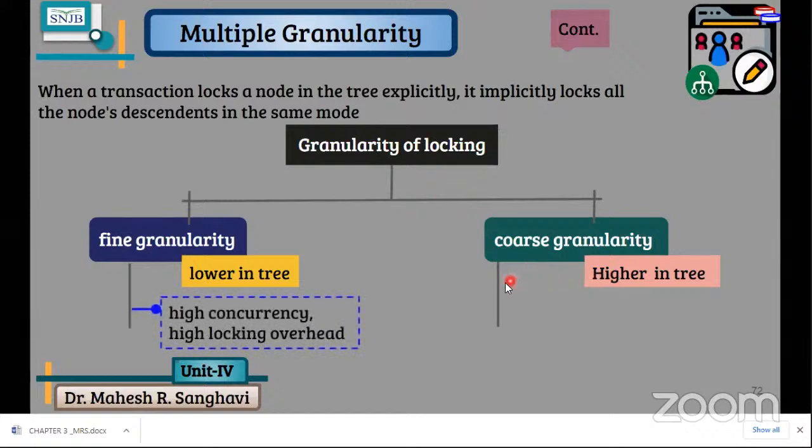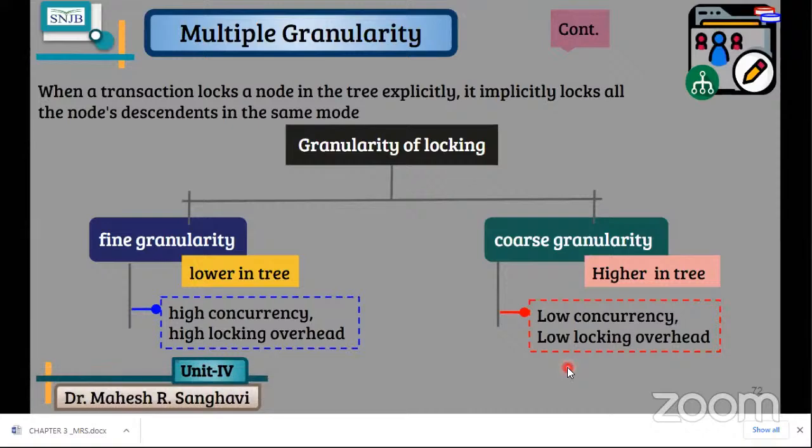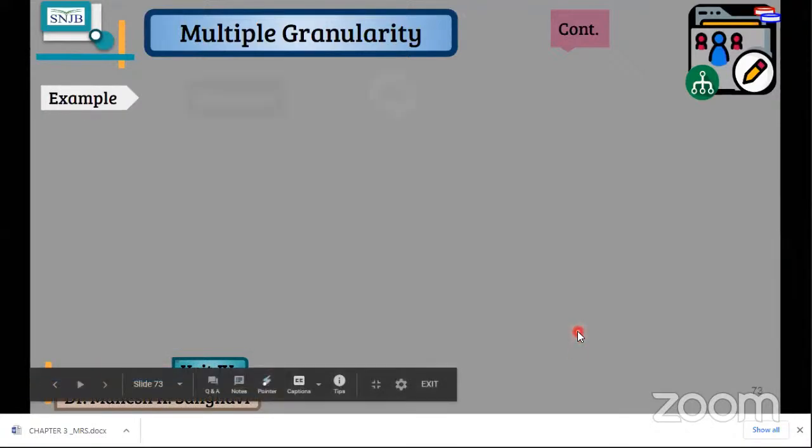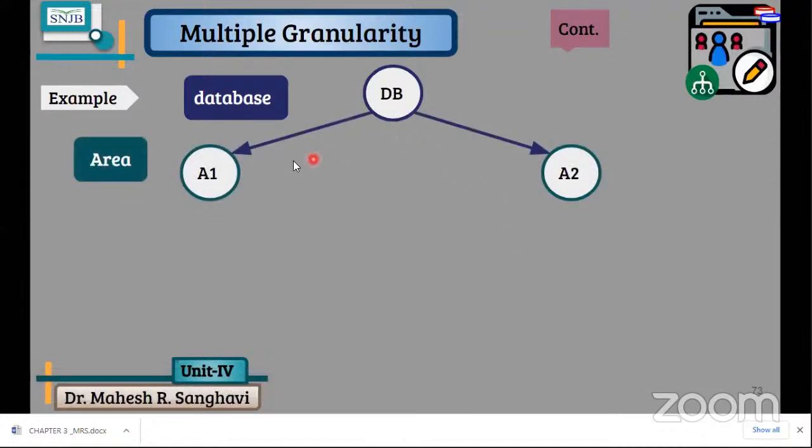You can observe here that regarding fine granularity, high concurrency will be there and high locking overhead will be there. In case of coarse granularity, low concurrency will be there and naturally there will be low locking overhead. Then we have seen one of the examples where we have the database as a root node. Then there are A1 and A2 as areas.